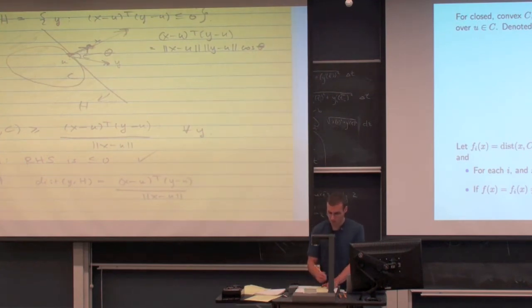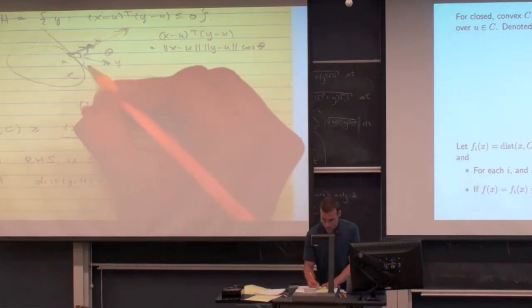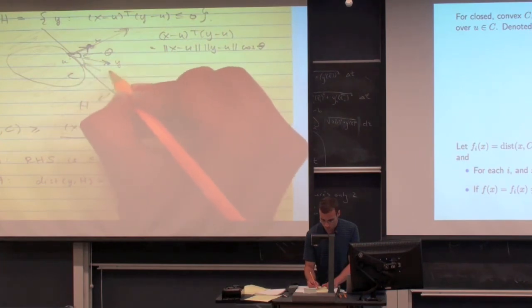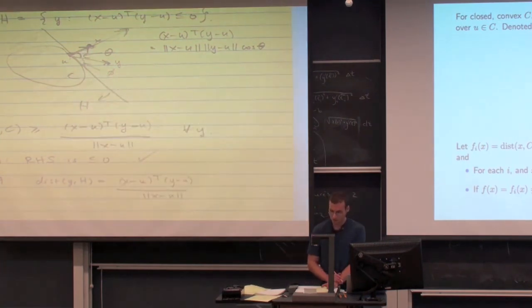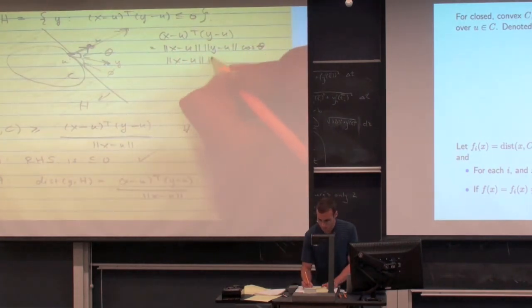Right? If theta is this angle here in between those two vectors. Okay, so I can also write that as, if this angle here I call phi, I can write that as the norm of y minus u times the sine of phi.